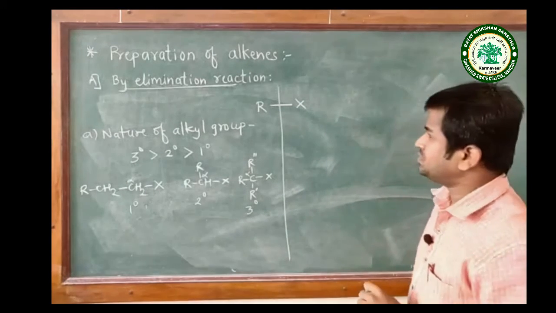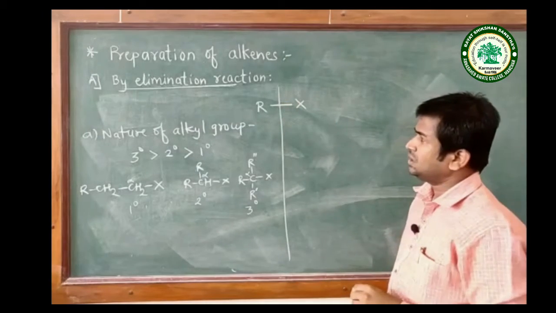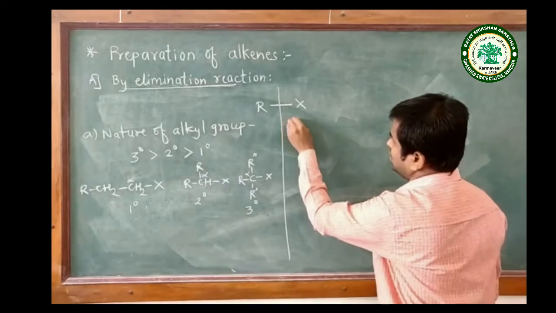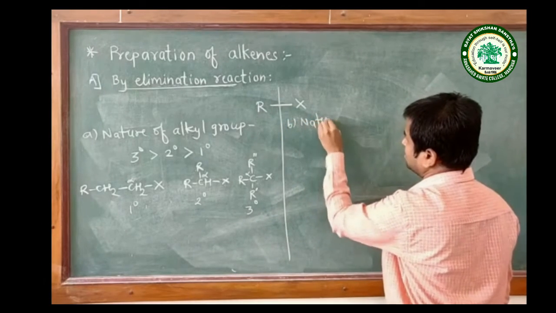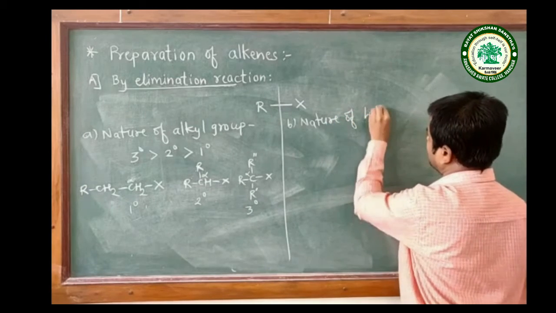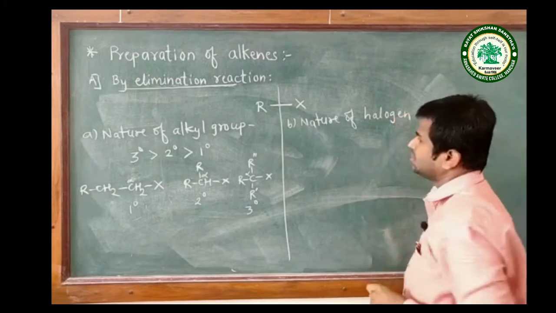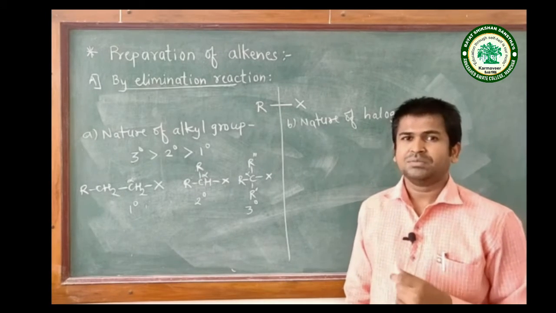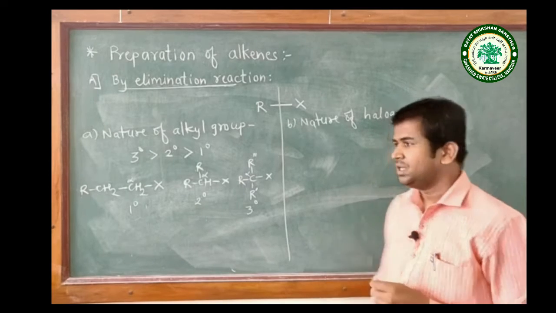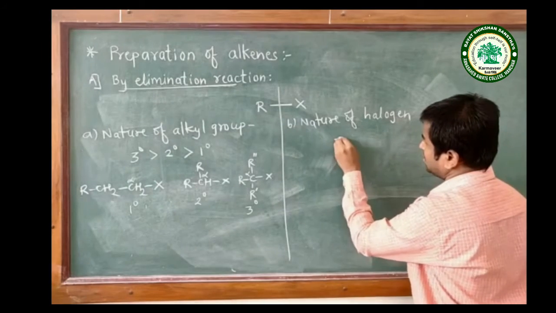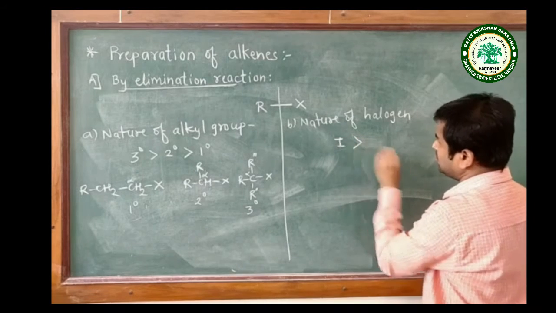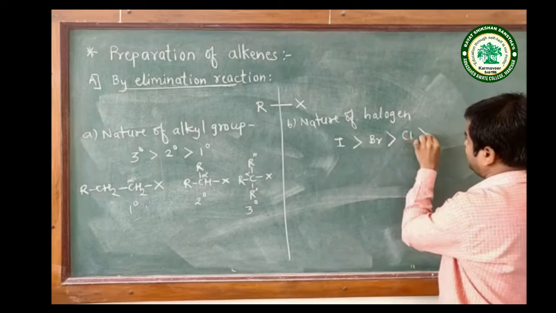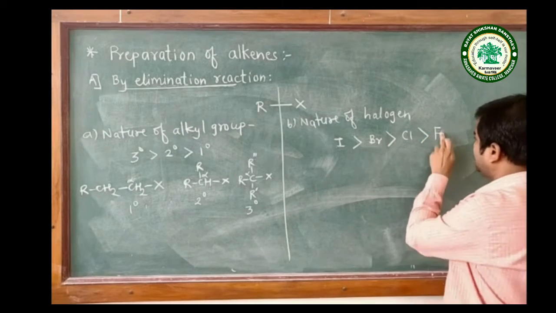Now the second part of the alkyl halide is X. So the rate of reaction also depends on the nature of the halogen. The order of reactivity for halogens is: iodide is more reactive than bromide, which is more reactive than chloride, which is more reactive than fluoride.